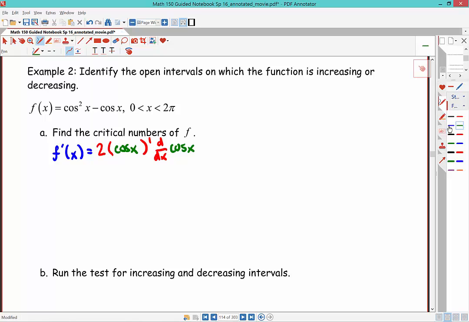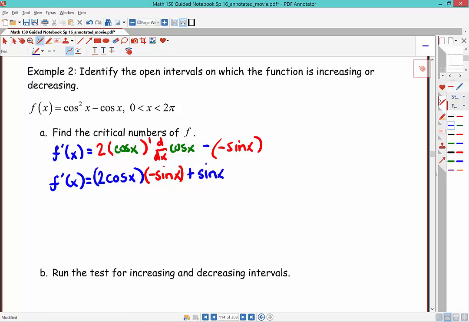And then finishing it up, we'll have minus, and then negative sine at x for that derivative of cosine at x. Okay, so here we go. f prime at x is equal to 2 times cosine at x, and then d dx of cosine at x is negative sine at x, and then a minus would give us plus sine at x.